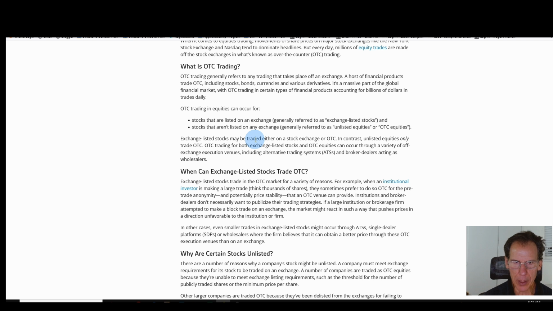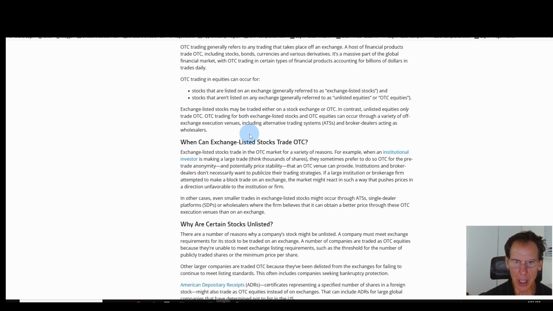OTC trading in equities can occur for stocks that are listed on an exchange, generally referred to as exchange-listed stocks, and stocks that aren't listed on any exchange, generally referred to as unlisted equities or OTC equities. Exchange-listed stocks may be traded either on a stock exchange or OTC.